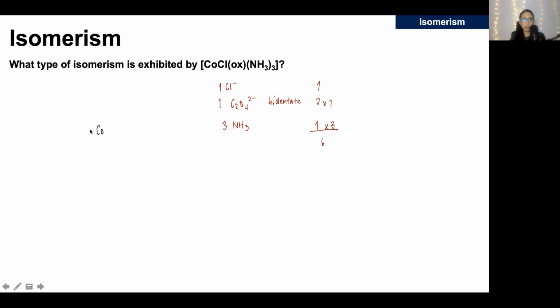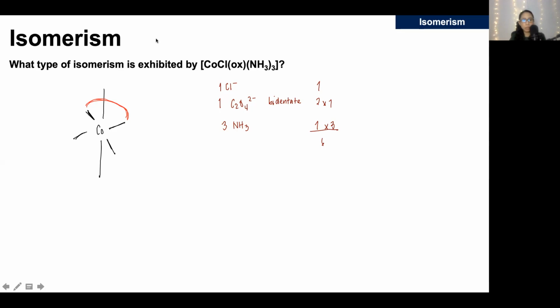So let's try to draw that. Remember, you have the equatorial positions and the axial. Your bidentate ligands should always attach on one side. So this is the attachment of your oxalate. Only one oxalate.